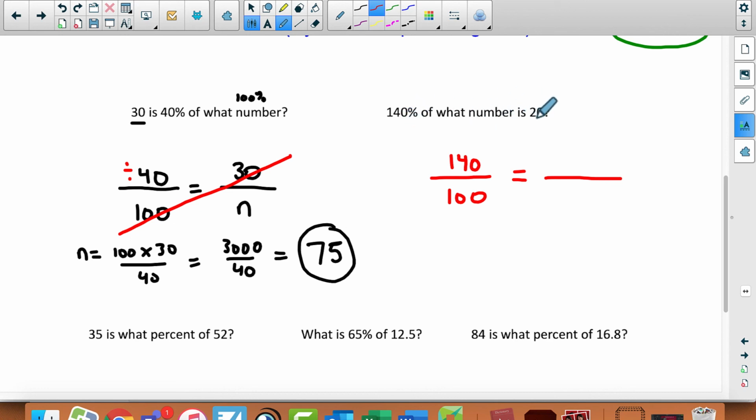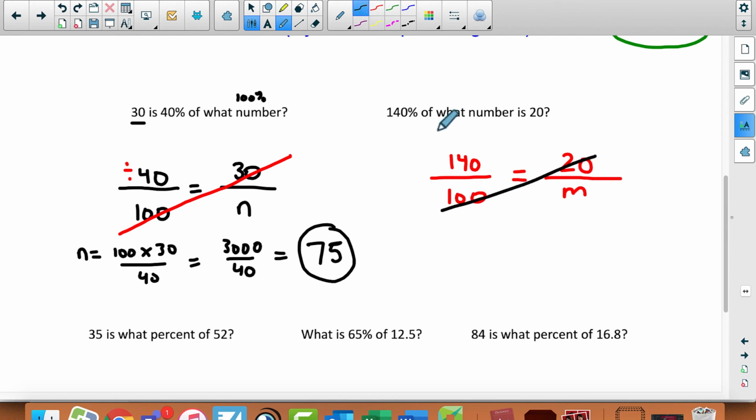So 20 is actually more than the number we're looking for because it's 140%. We're looking for the whole. We're looking for 100%. So 20 is just the part. Even though it's going to be bigger than the whole, it's just the part. And we're trying to find the whole down here. But again, because this 20 is 140% and we're looking for 100%, the whole number, our whole is going to be less than 20. It is a bit confusing, that one.